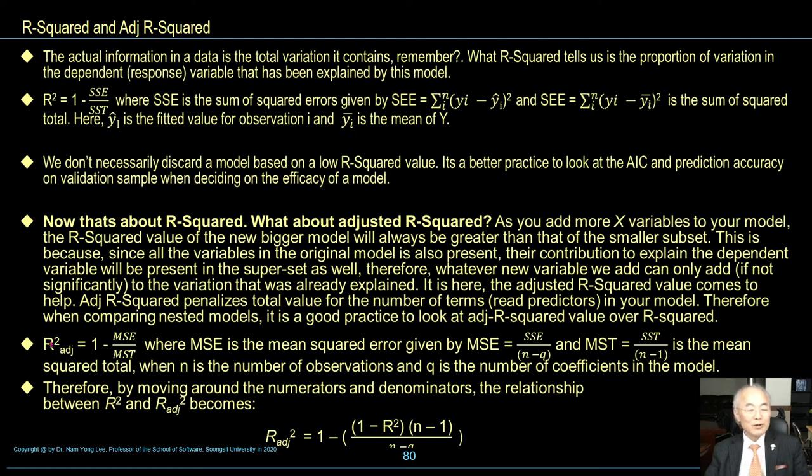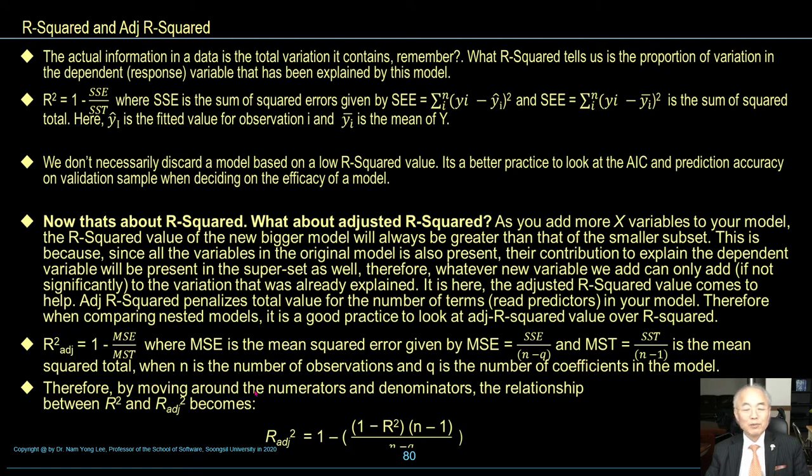Adjusted R square is equal to 1 minus MSE, mean squared error, over MST, mean squared total. n is the number of observations. q is the number of coefficients in the model.